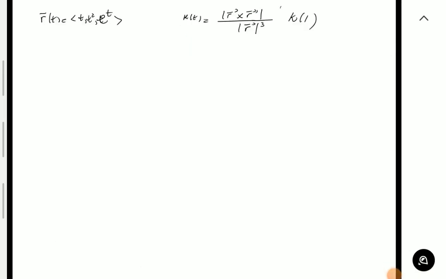All right, so the answer to my question on the previous page is that k of 1 you should expect to be larger than k of 5. How do I know that? Well, let's look at the functions here, and then we're going to convince ourselves with the actual answer. Let's look at the components of the curve. e to the t goes to infinity much faster than t or t squared for that matter.